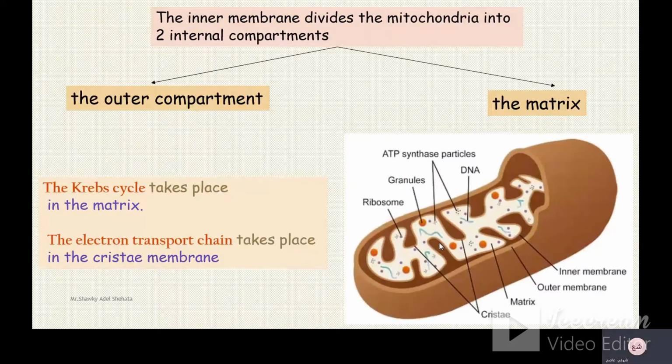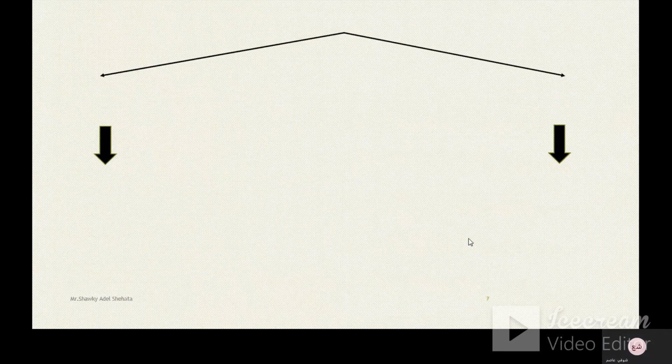So, as you see from the figure in front of you, the inner membrane divides the mitochondria into two internal compartments, the outer compartment and the inner one, which is the matrix. The Krebs cycle takes place in the matrix, while the electron transport chain takes place in the cristae membrane.